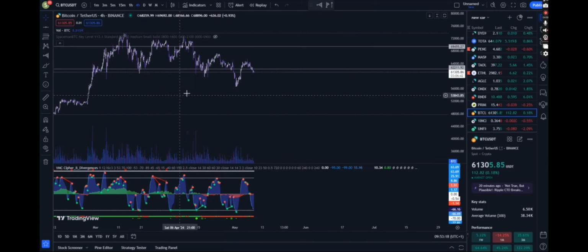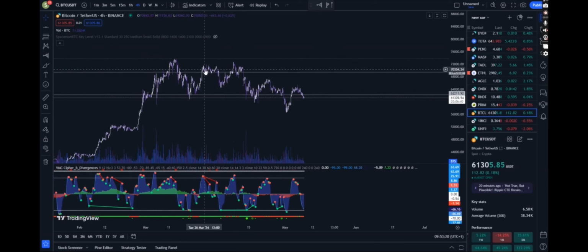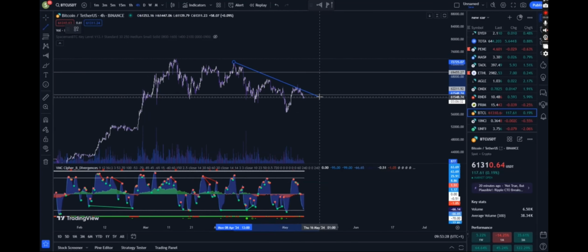You know, the structure that we're creating at the minute, if you're using your trend lines and things like that. We're creating downward momentum. We're still in a bullish structure in effect, but we are creating downward momentum.